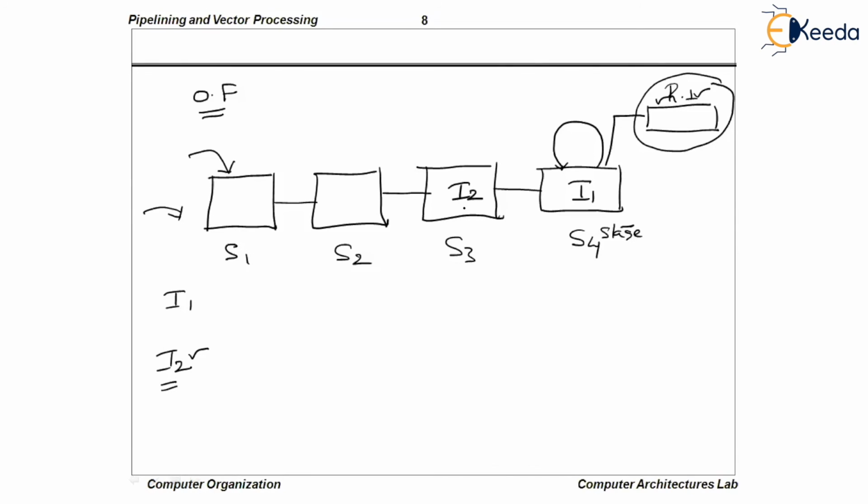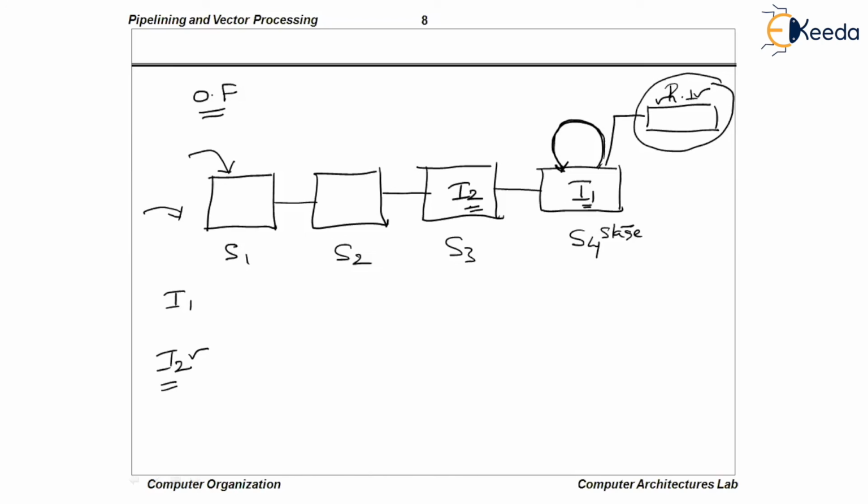Even though I2 requires the output of I1, I2 did not wait to enter the pipe, because the operand gets directly forwarded. The moment I1 finishes its execution, it throws the operand directly back to I2. How? Because the output of the ALU, by using a special line, is connected back to the input of the ALU.